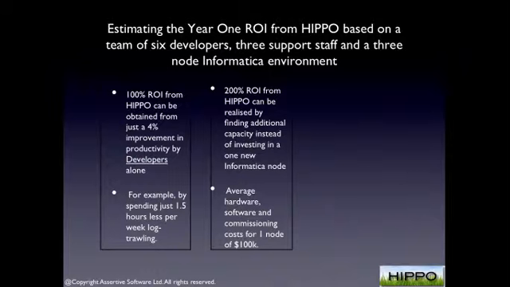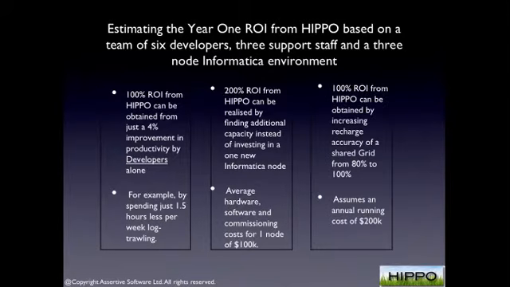A 200% ROI in HIPPO can be realised by finding additional capacity instead of having to invest in an additional Informatica node. This assumes average hardware, software and commissioning costs for one node of just $100,000, which I'm sure you'd agree is a fairly conservative estimate.